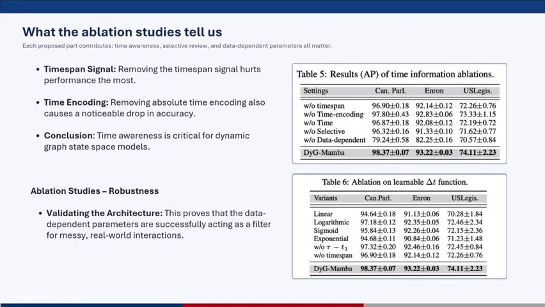We can see that removing the timestamp signals hurts the performance the most. Removing absolute time encoding also causes a noticeable drop in accuracy, and time awareness is critical for dynamic graph state space modeling. And this proves that the data-dependent parameters are successfully acting as a filter for messy real-world interactions.